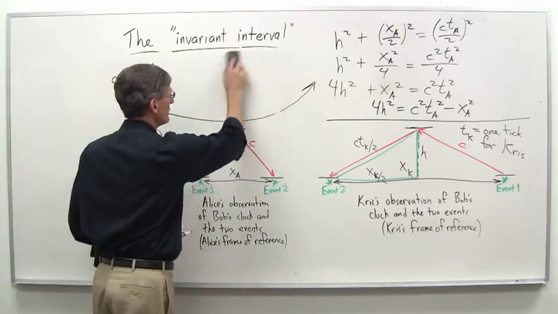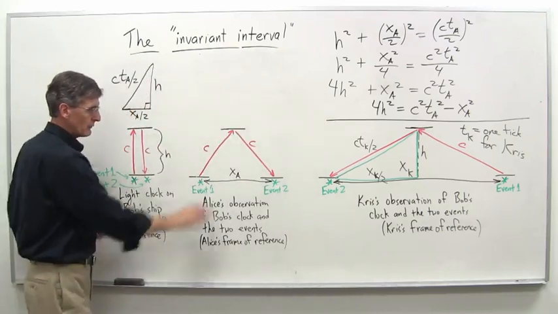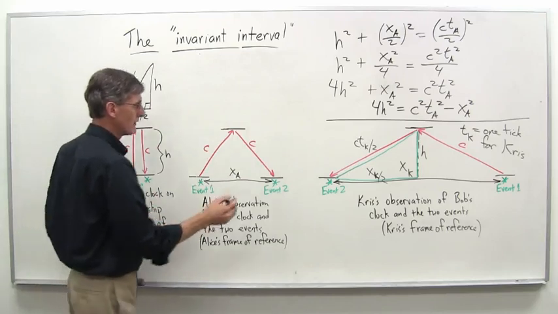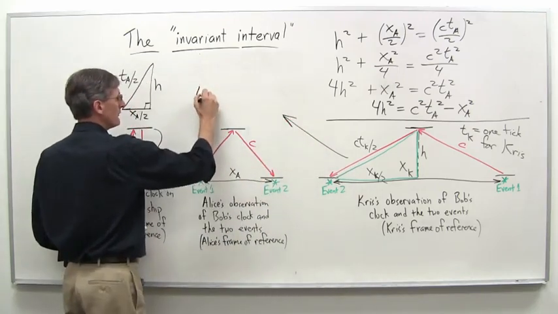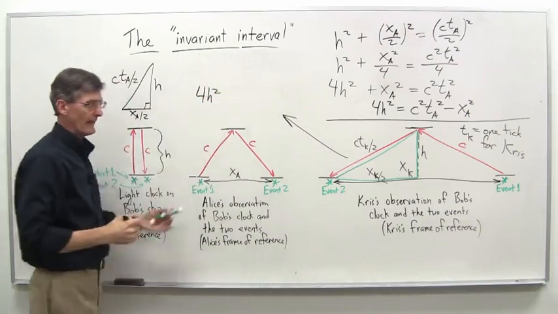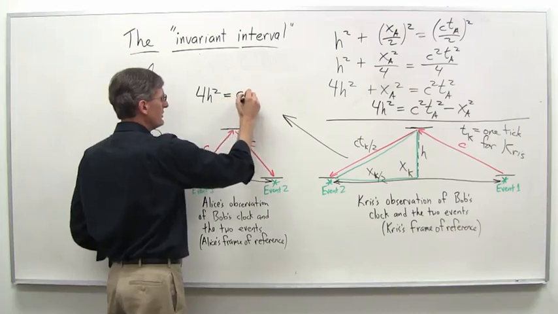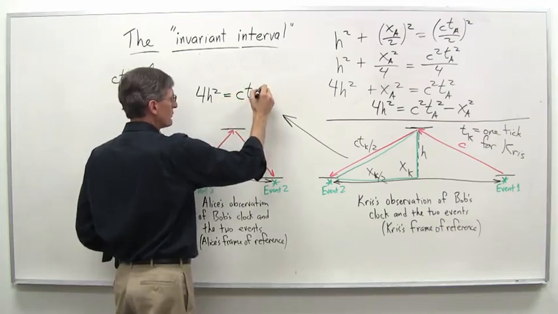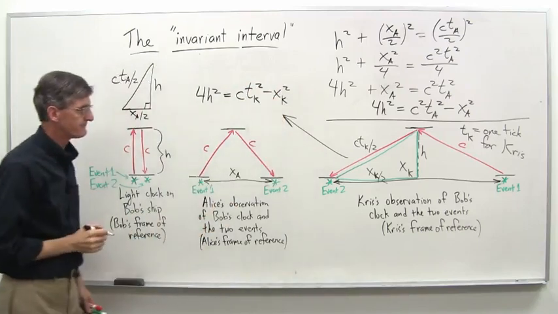We'll leave Alice's triangle up for a minute. There's Chris's triangle. So Chris's result would also be 4h squared. H is the same in every case here. 4h squared equals c tk squared minus xk squared.